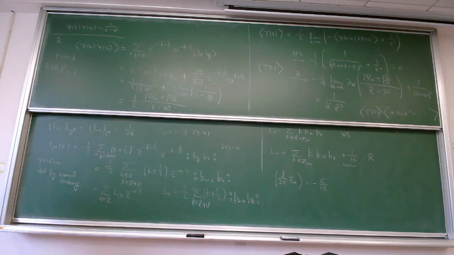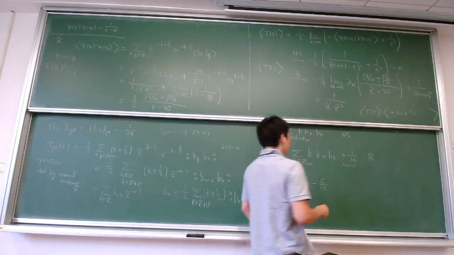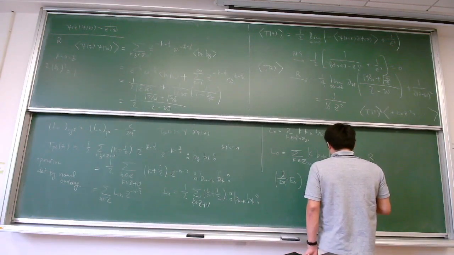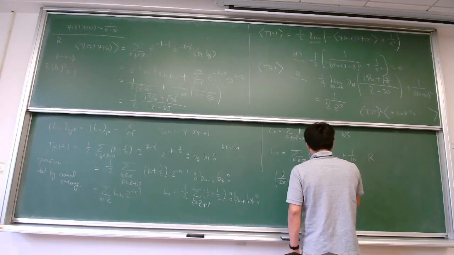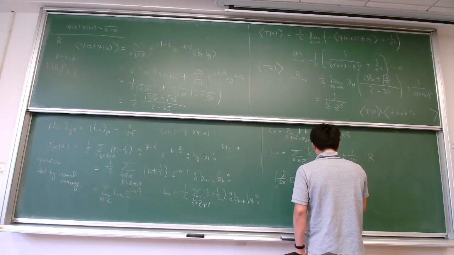It's the holomorphic part, okay, it's fine. Plus minus C over 12 and minus C over 12.